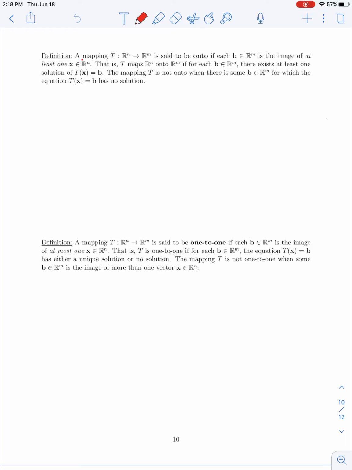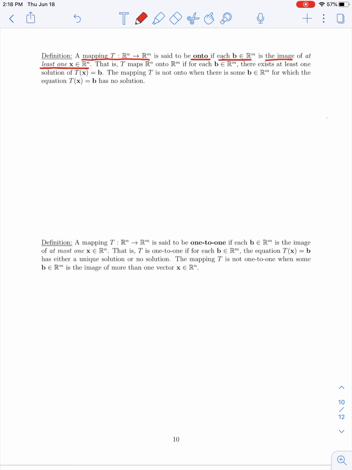So first, let's suppose that we have a mapping T from Rn to Rm. This mapping is said to be onto if for each vector b in Rm, this vector b is the image of at least one x in Rn, the domain of my transformation.